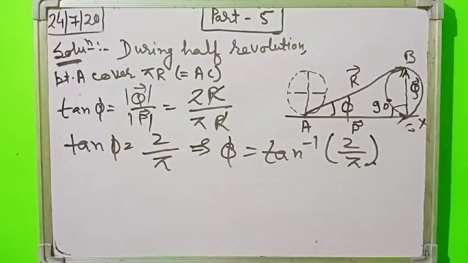So this is all about this numerical. In the given numerical we have found the resultant as well as the angle the resultant is making with the horizontal vector.